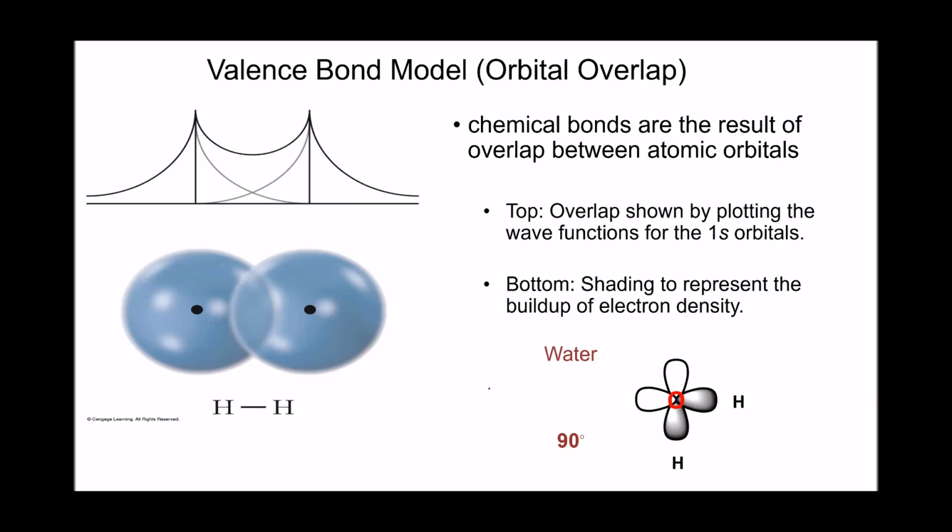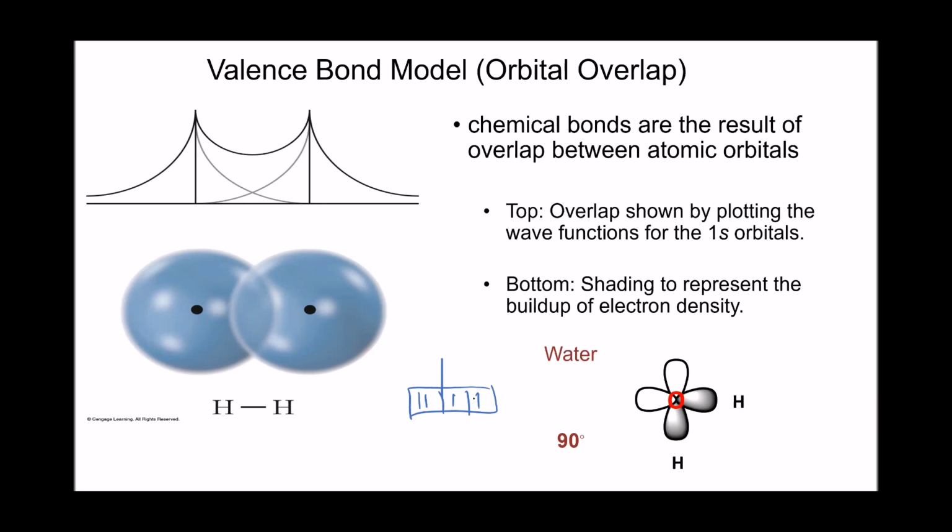If you go back to the electronic configuration of oxygen, it's going to be 2 electrons in one p orbital, a single electron in another p orbital, and a single electron in a second p orbital. So there are 2 different p orbitals used in that bond formation. Any 2 p orbitals are actually 90 degrees with respect to each other, because each one of them is running along one of the axes.